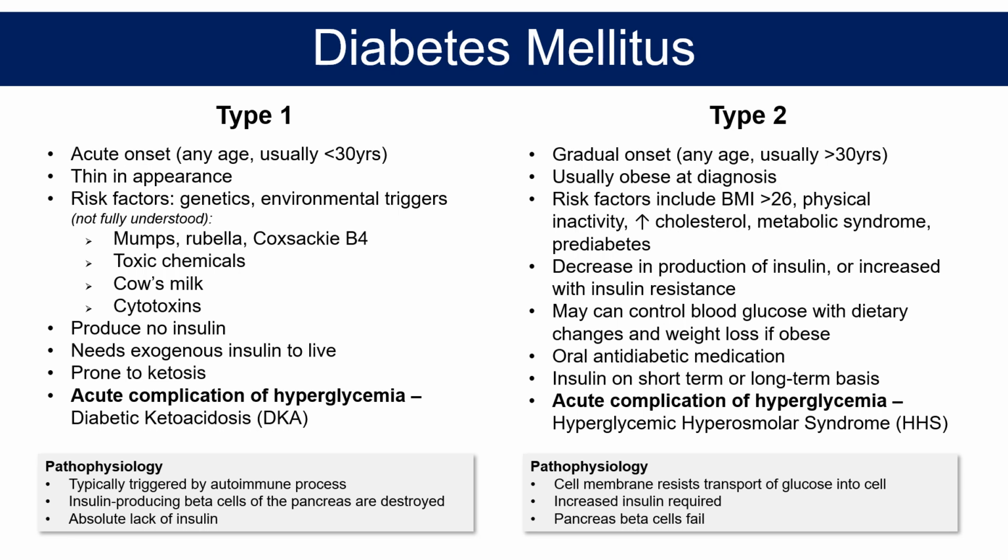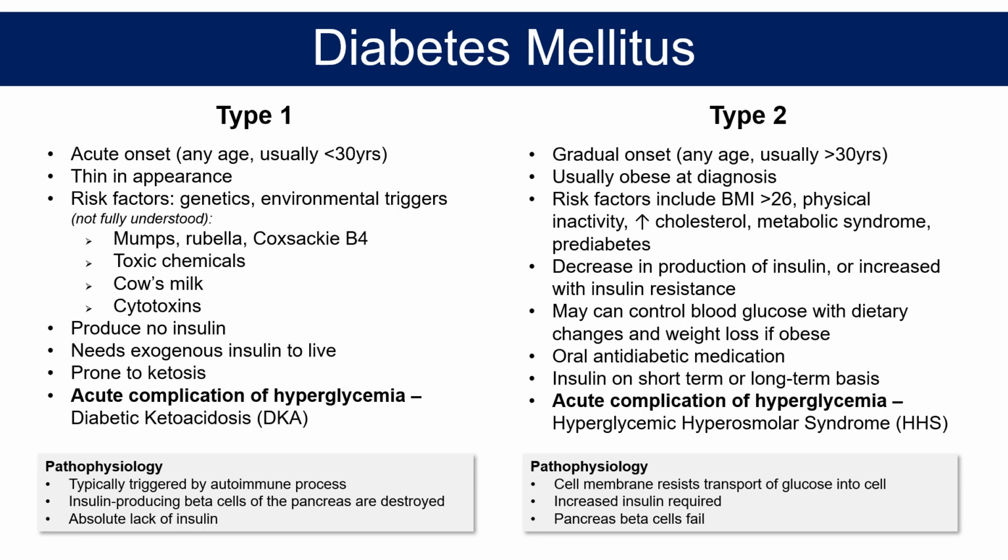This patient will present with a very high blood sugar, usually at least above 300. I've seen in practice over 1,000 blood sugar level. That's because it's a gradual onset. It's been going on for a while, and they still make a little bit of insulin, just enough insulin to keep them out of acidosis from those ketones. So that is the main difference between HHS or DKA.